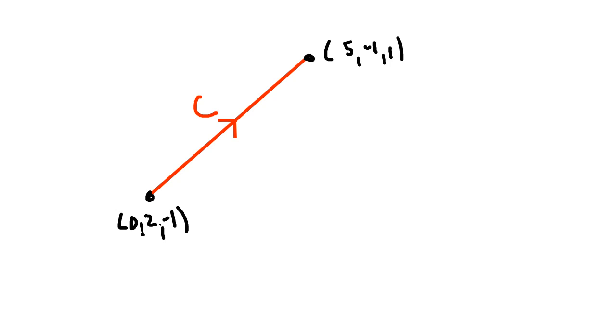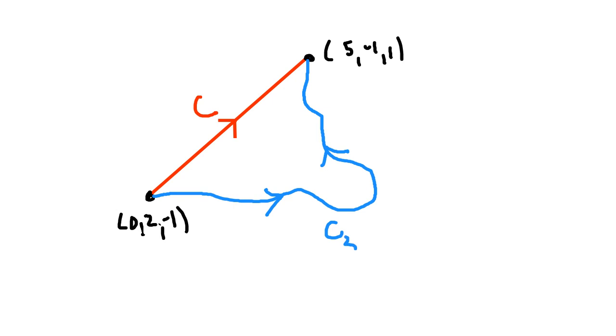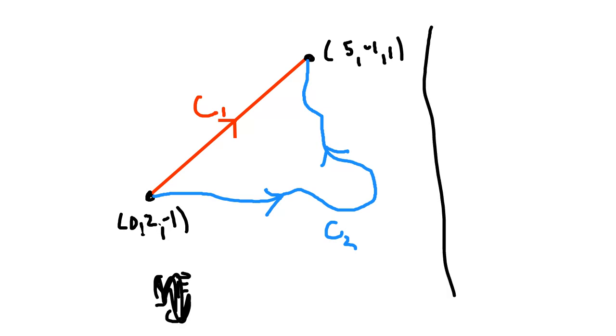Let's say you took a different path. Let's say this was your path. We'll call it curve C2. So maybe I'll call this C1, okay? And I'll put this on the side. Here's my question.